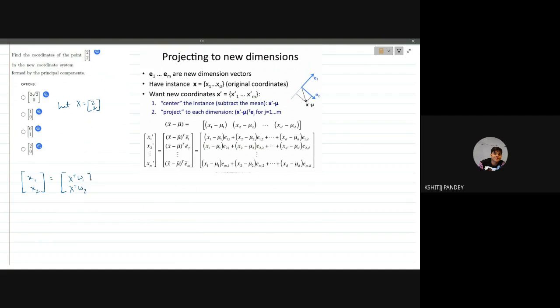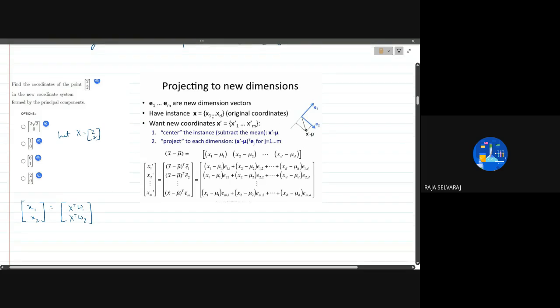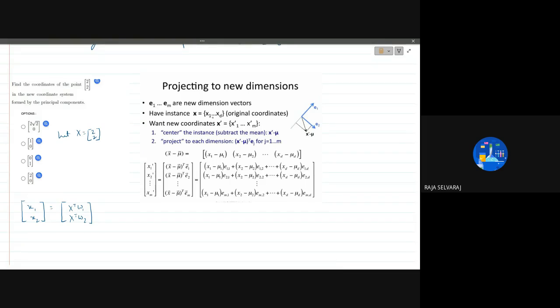Is this clear? Because we are projecting the data point in the new coordinate system. I'm not getting that actually. After taking the projection, we will be seeing x transpose W1 into W1 plus x transpose W2 into W2, right?